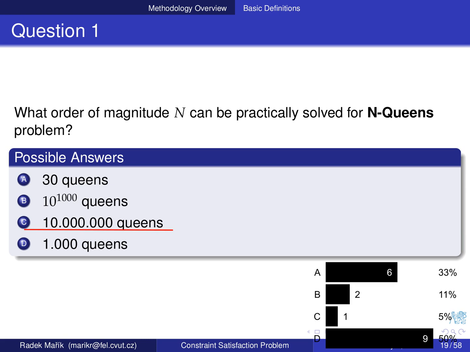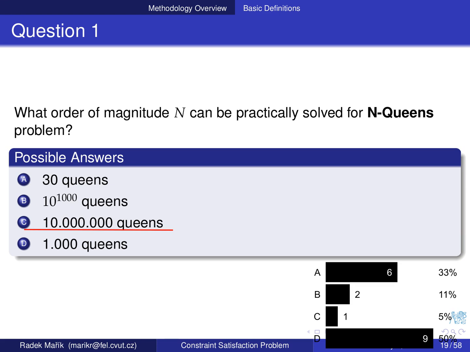So if it is done cleverly, you are able to operate with millions of variables. And it is not like in the previous lecture with the planning, where we were able to operate with a much higher number of states.